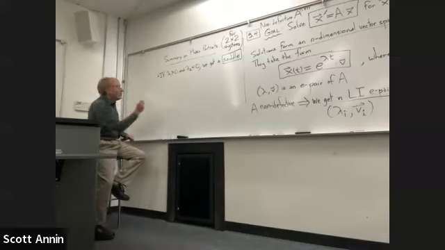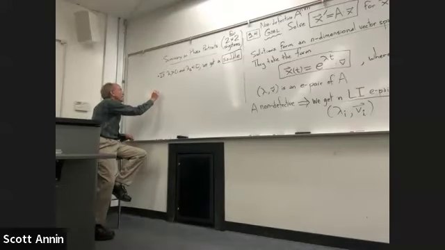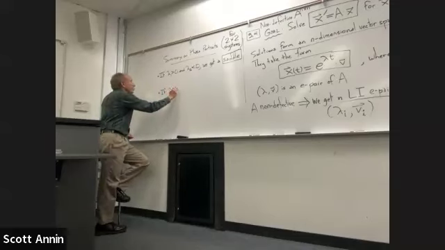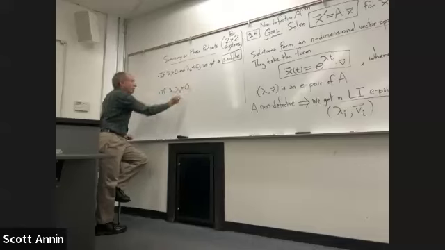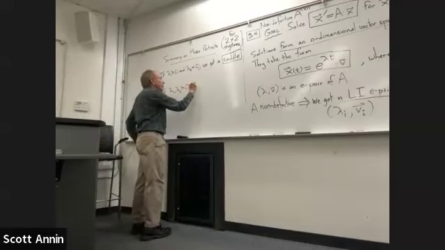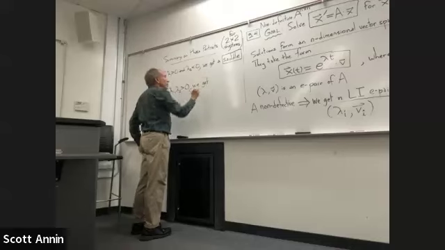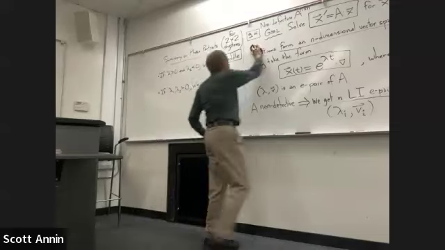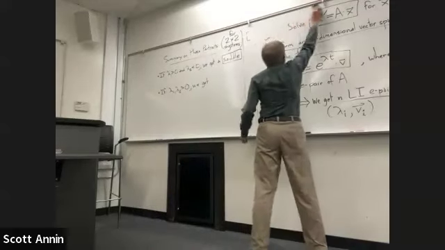Now, I want to pick your brain here for a minute, guys. What do you suppose would happen if both of the lambdas were positive? If they were both positive, what would it look like? Maybe I'll steal a little room here to draw up a picture.